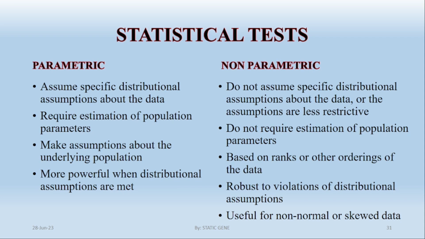Also, parametric makes assumptions about the underlying population. There are so many assumptions, we have already talked about them. But non-parametric doesn't make some of those assumptions. In case the distributions are met, that is a normal distribution, then parametric becomes much more powerful. But either way, all this depends on, first of all, the type of data set you have and its distribution in terms of normal distribution.